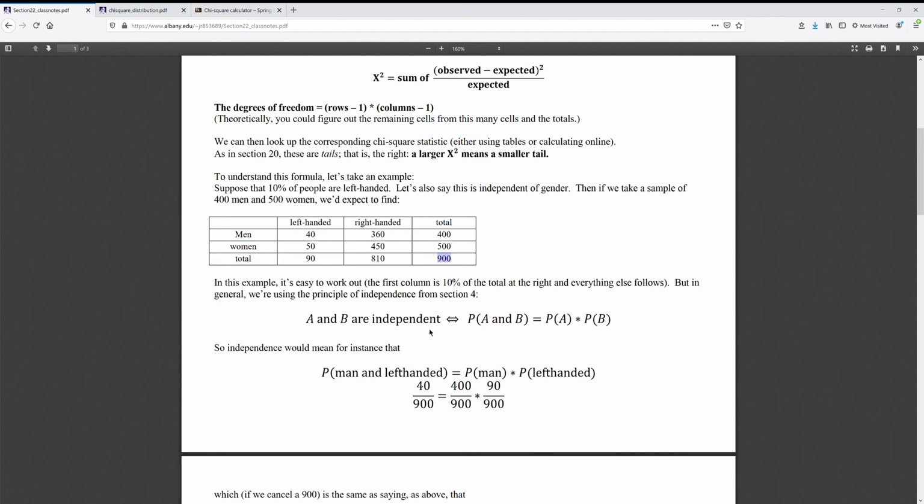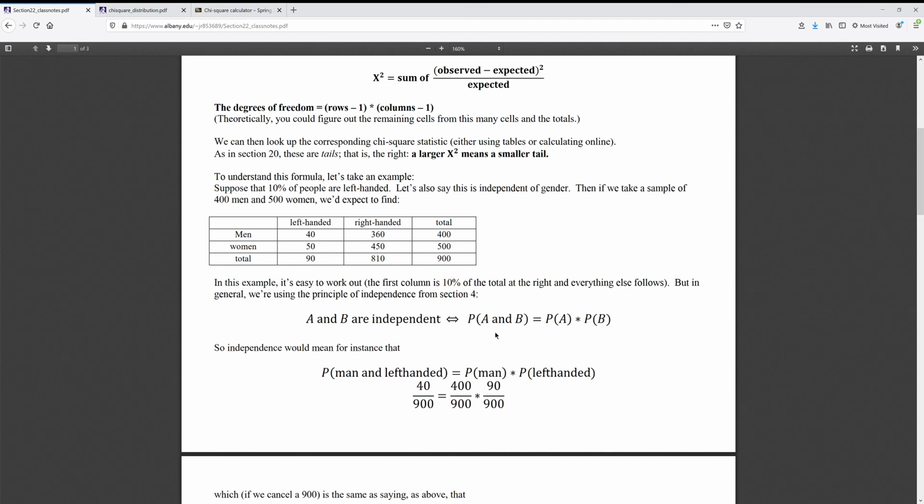Now the probability that you're a man is total men out of total you're picking from, 400 out of 900. And the probability that you're left-handed is 90 total left-handed out of total 900.